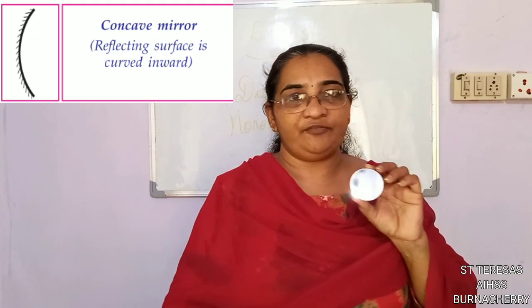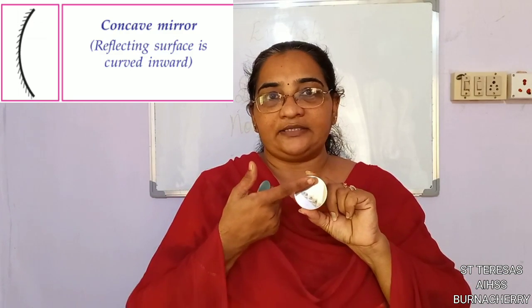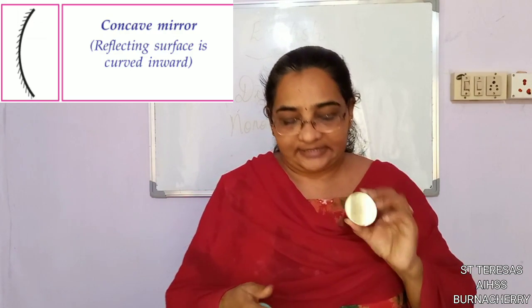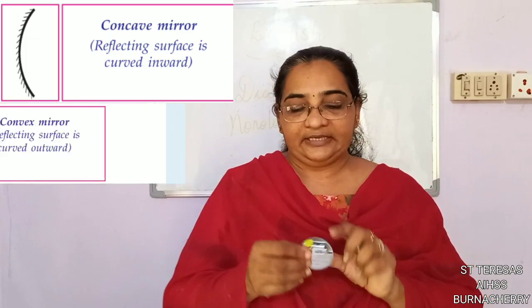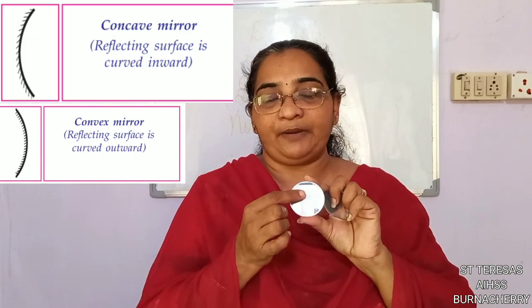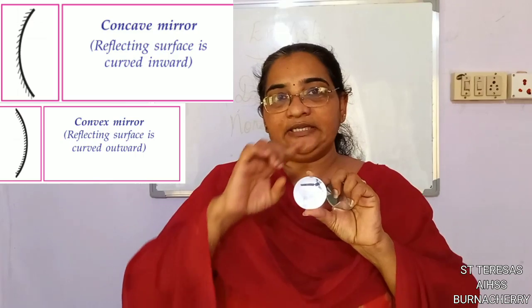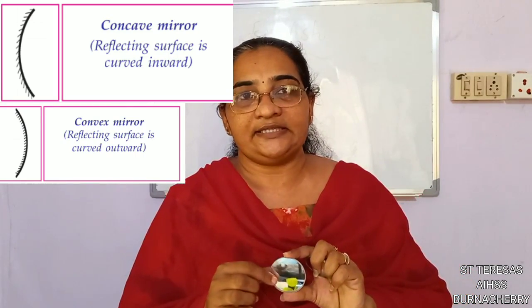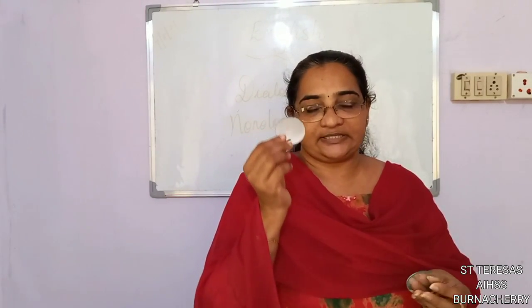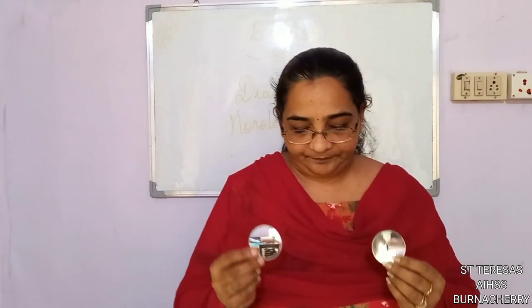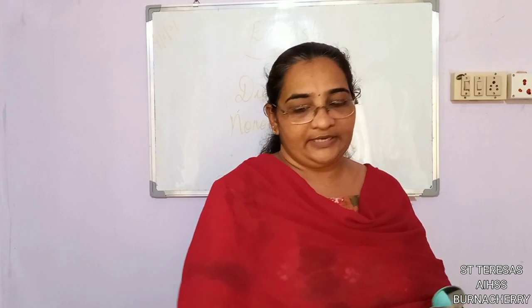So what is a concave mirror? When the reflecting part is curved inward, that is a concave mirror, and the mirror in which the reflecting part is curved outward is called a convex mirror. So this is a convex mirror and this is a concave mirror. I hope it is very clear.